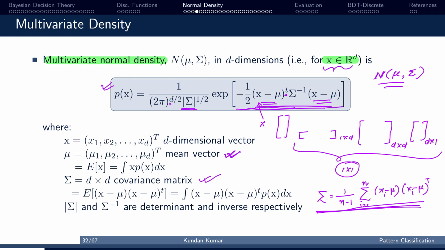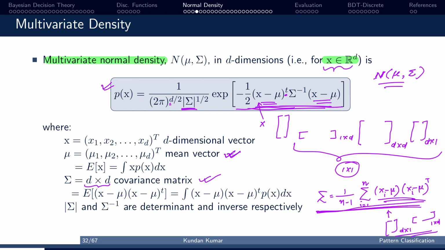So here the covariance matrix has the dimension d cross d. If you check the inner term inside the summation, x_i minus mu will be a column vector of d cross 1, and we are multiplying with the transpose of this vector, which will be 1 cross d, and the resulting matrix will be d cross d.